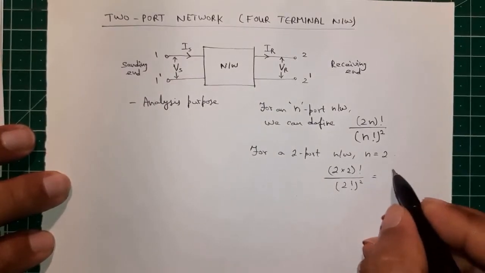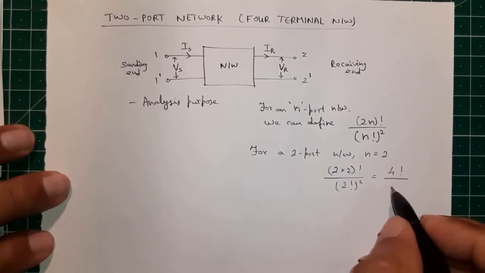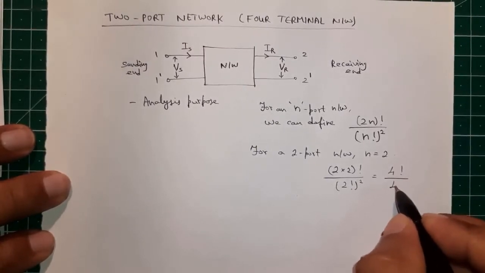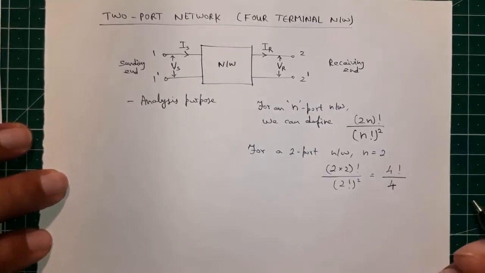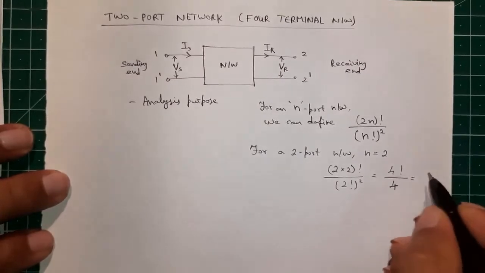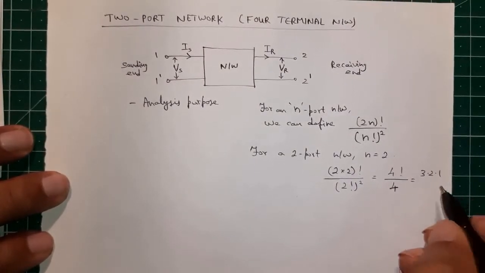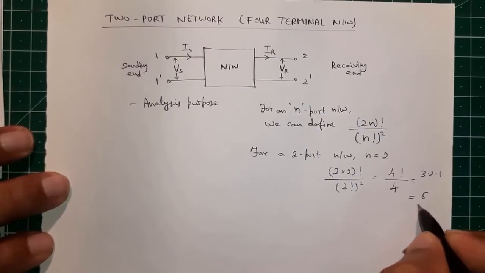So what is this? This is 4 factorial divided by 2 factorial, which is 2, it is 4, whole square. So this is 4 into 3 into 2 into 1 over 4. So we can have 6 parameters.